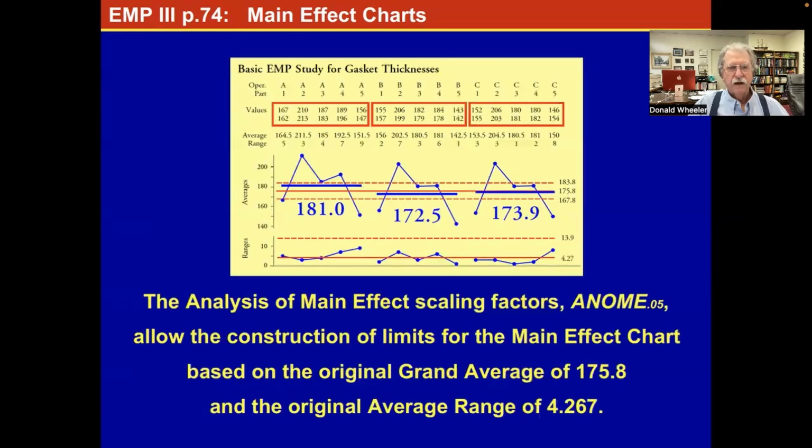The analysis of main effect scaling factors, ANOME 0.05, listed in table A19 in the back of the EMP book, allow the construction of limits for the main effect chart based on the original grand average of 175.8 and the original average range of 4.267. We don't need to do additional calculations. We just use the calculations we've already done and go from there.